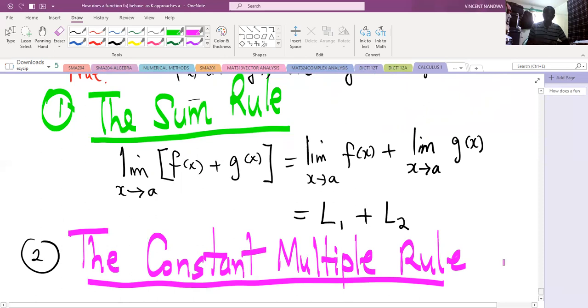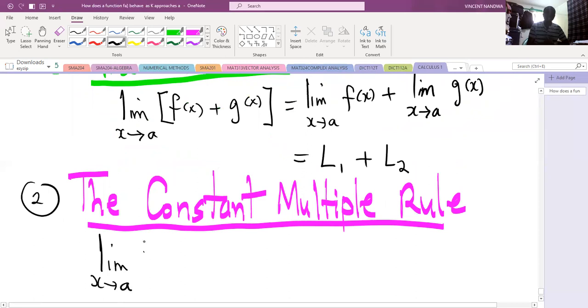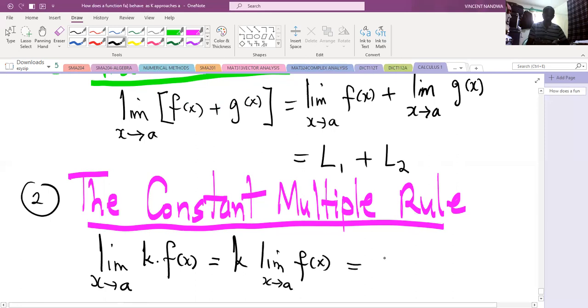The constant multiple rule states that the limit as x approaches a of k times a function f of x, where k is any real number, is the same as k times the limit of this function f of x as x approaches a. So this is the same as k times L1.